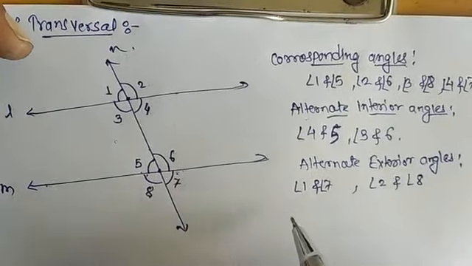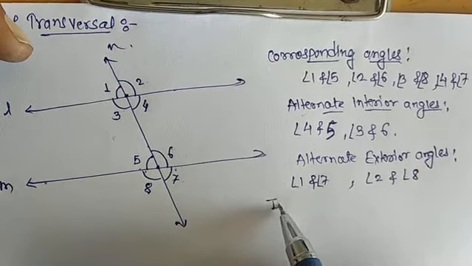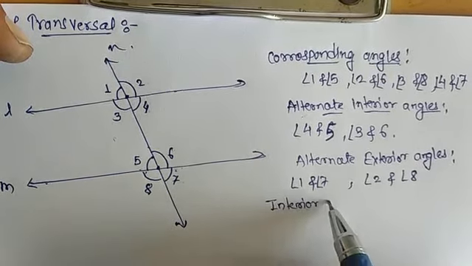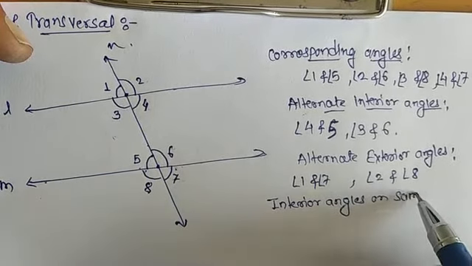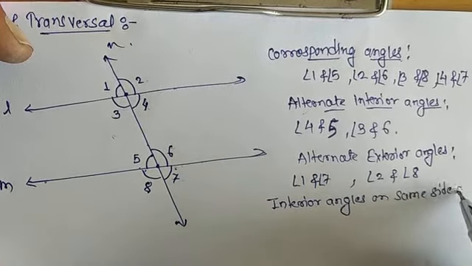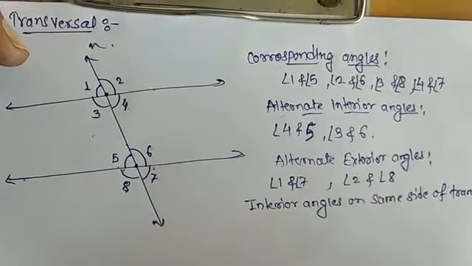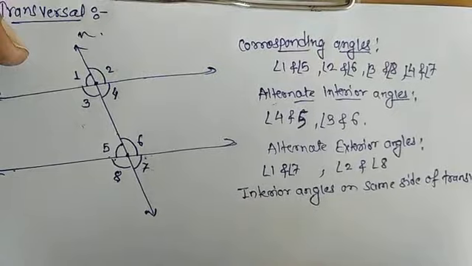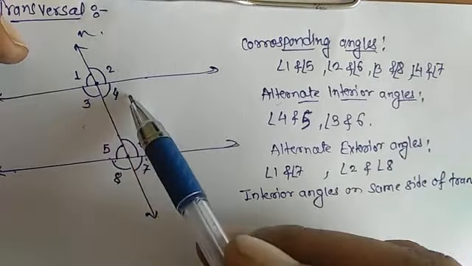And last, interior angles on the same side of the transversal. Here the interior angles are 3, 4, 5, 6.